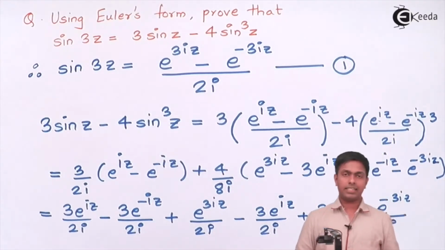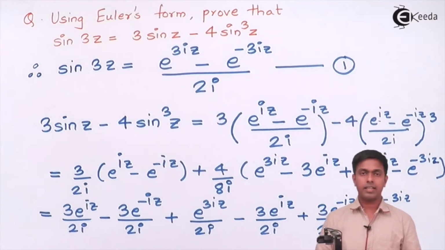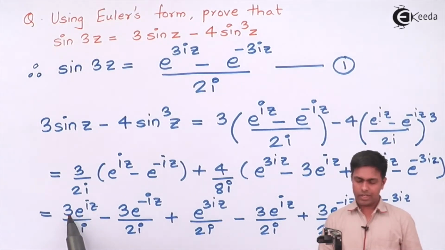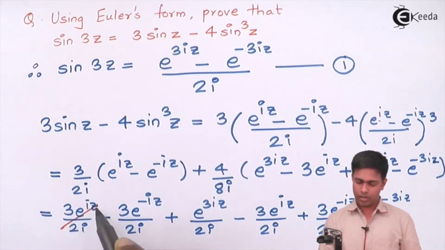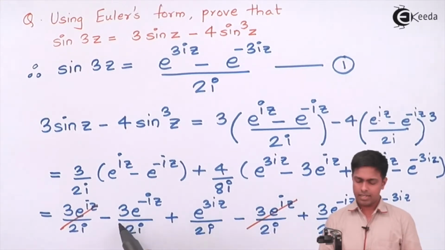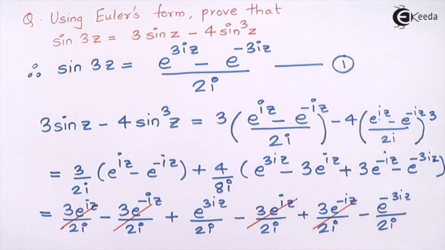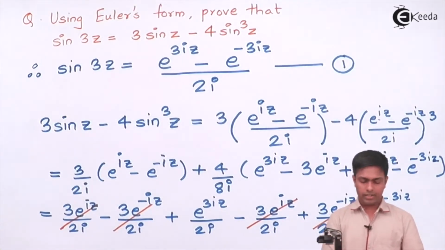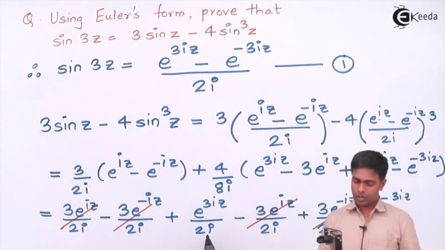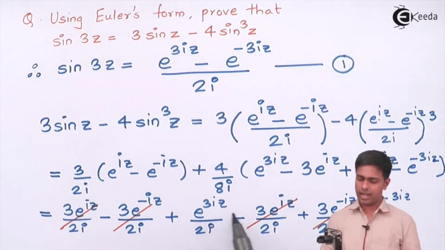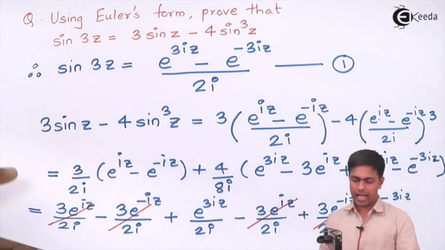Now let's cancel the terms which are equal and opposite in sign. So here 3 e raised to iz upon 2i and this negative term cancel. Then this negative and this positive cancel. Now let's rewrite the remaining terms. 2i is common, so I'll keep the denominator as single and copy these terms as they are.